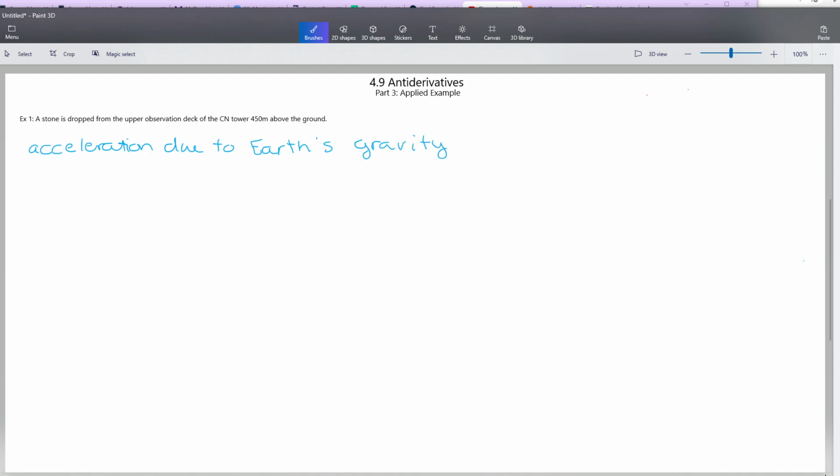So this would be 9.8 meters per second squared, or if you're talking about feet per second, it is 32 feet per second squared.